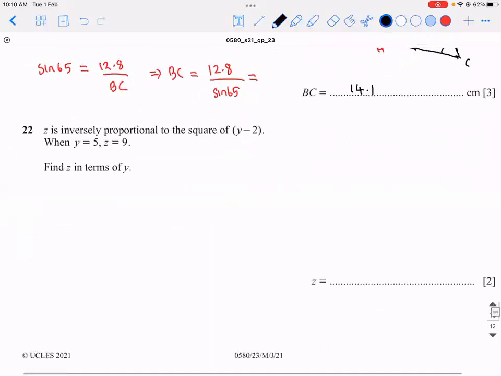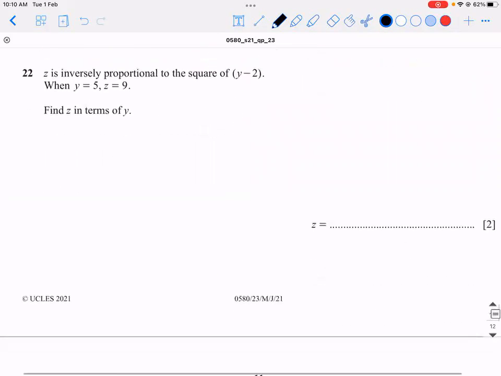Now the next question is from proportion. z is inversely proportional to the square of y minus 2.